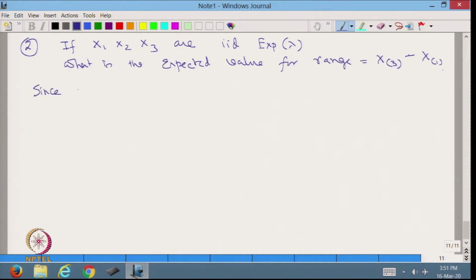Since expected value of range is equal to expected value of X3 minus expected value of X1, let us compute them separately.